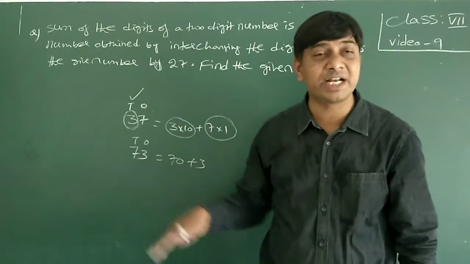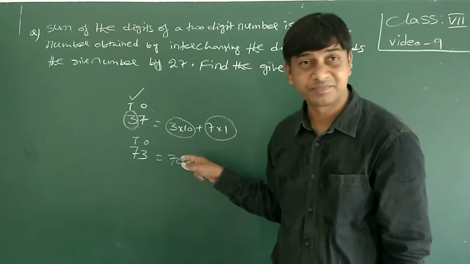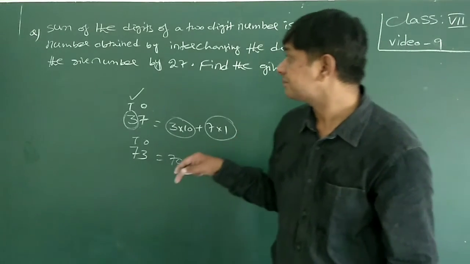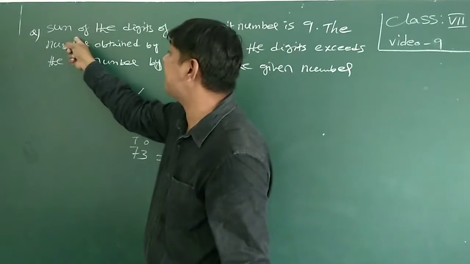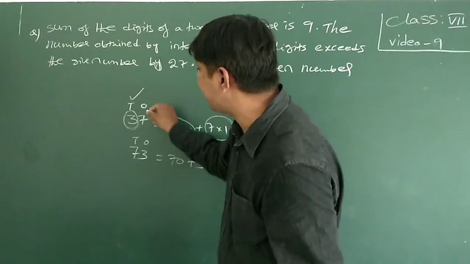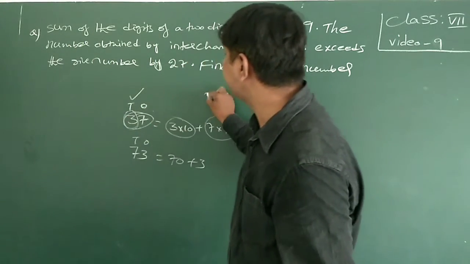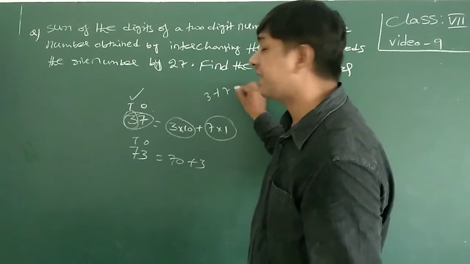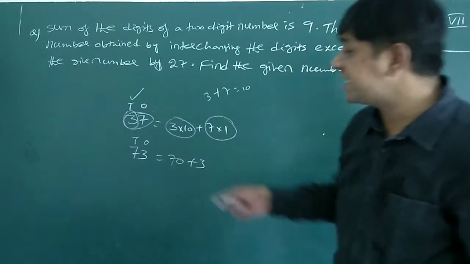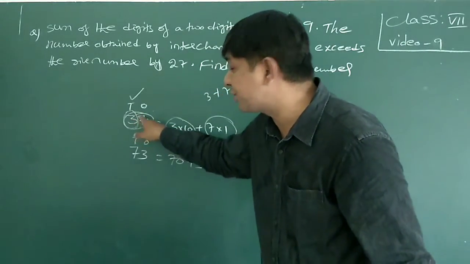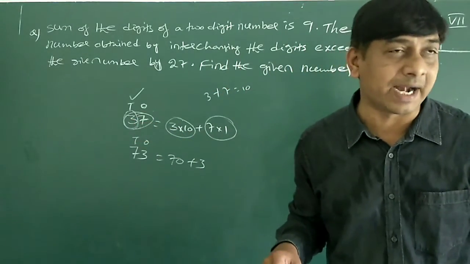Another word is sum of the digits. Digits means we have to add these two. 3 plus 7, 10, like that. Sum of the digits means only the face values we have to add.